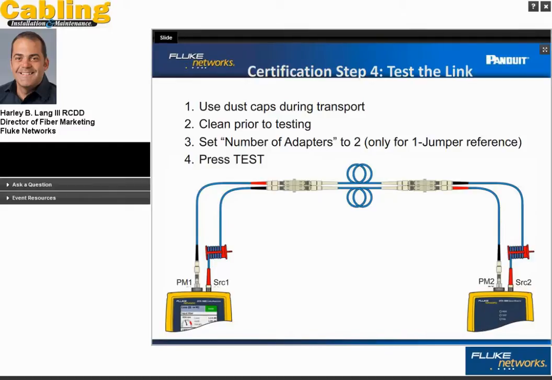Again, cleanliness is paramount. Another thing to point out that many of the audience has already heard is that dust caps is kind of a misnomer. Really, they're protective caps to protect the ferrules of your test cords and the end of your fiber cabling. They should always be clean.